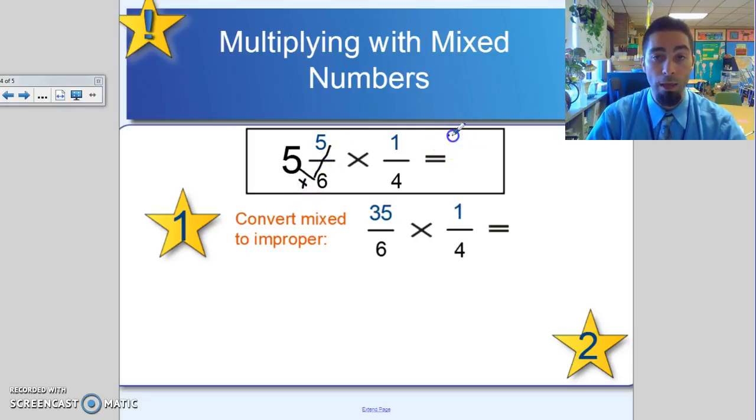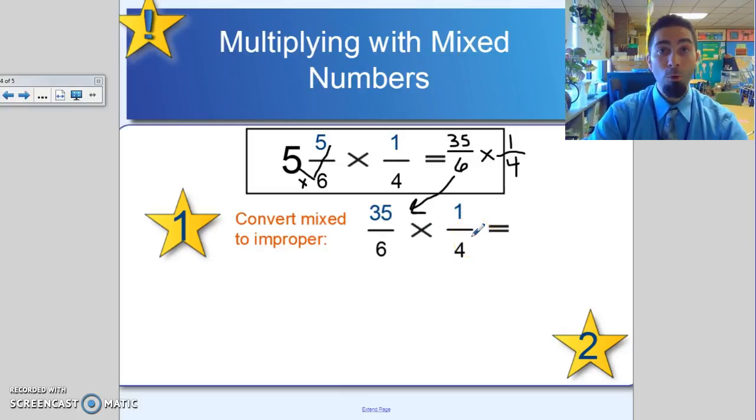So we would have 35 over 6. Okay? And that's what that one is. 35 over 6 right there. Right? And then we rewrite the operation times 1/4. So that's how I got that first step, 35 over 6 times 1/4.